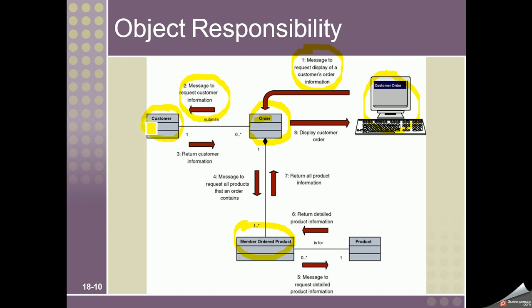So now the responsibility of this customer object is to return the customer information. It is its responsibility. Similarly, the member order product class or object doesn't have this information, so it calls the product object to get the detailed product information, and then it passes it back to the order object, and now it can display the customer order containing the customer information and all the products that have been ordered by the customer, right?